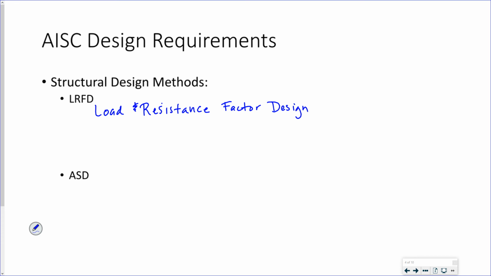And ASD, which is allowable stress design.